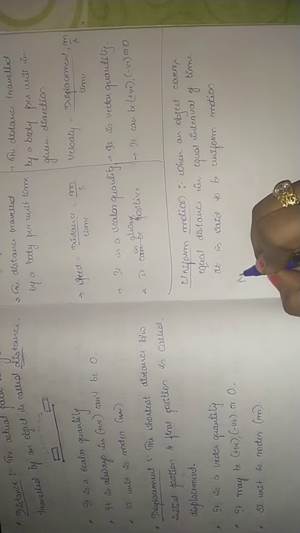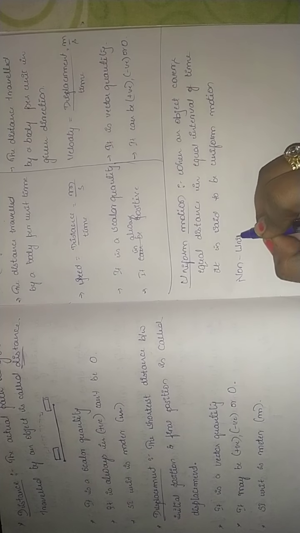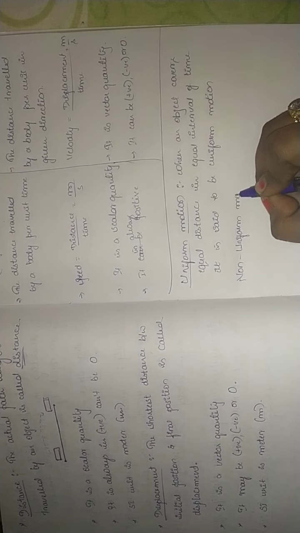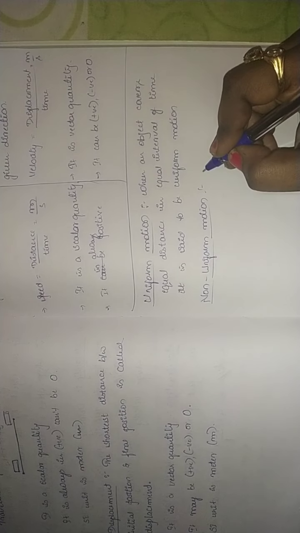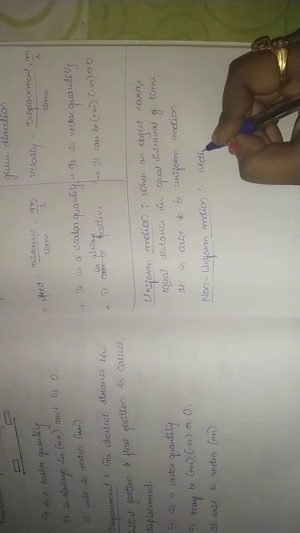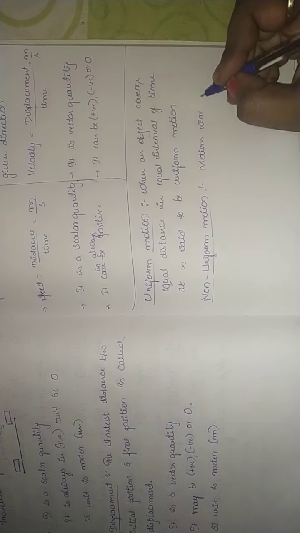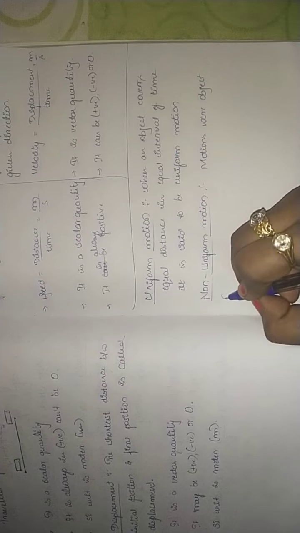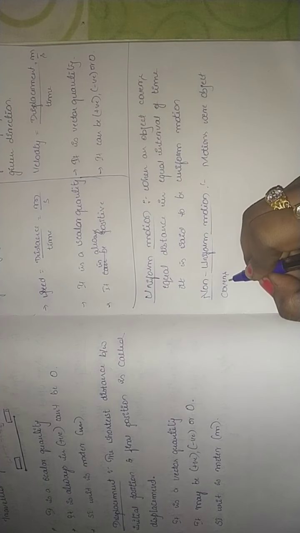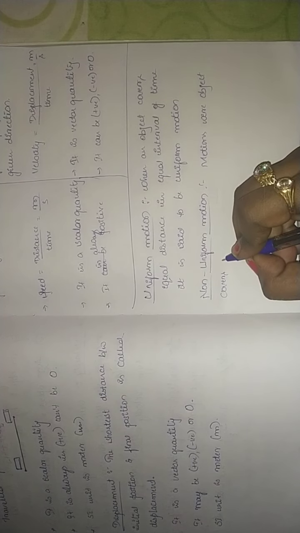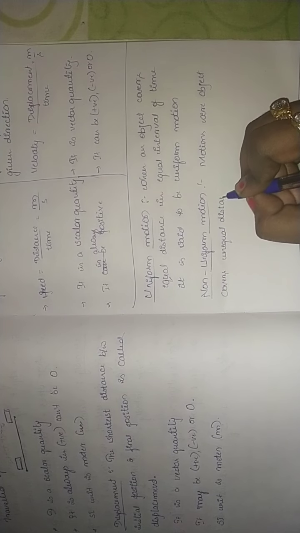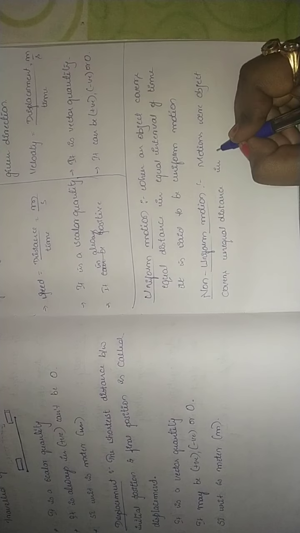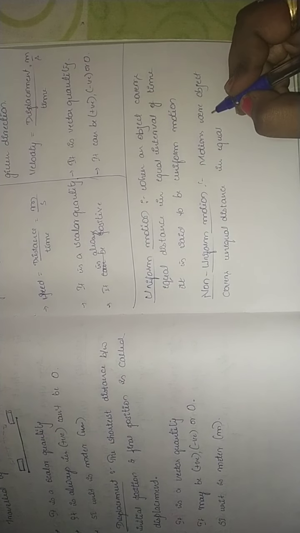Whereas for non-uniform motion, it is motion where an object covers unequal distance in equal interval of time.